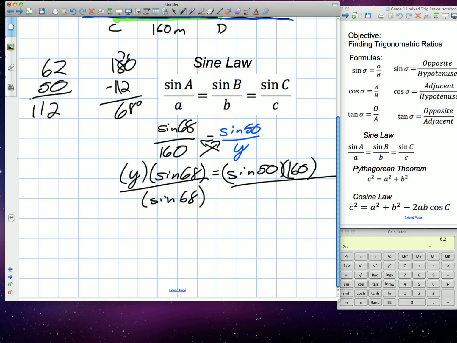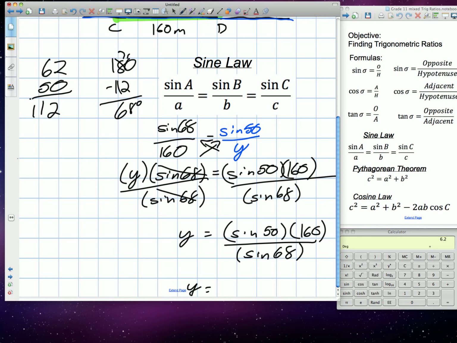We end up with Y is equal to, these two cancel out, sine 50 times 160 divided by sine 68. Now, many of you guys may be able to put this in the calculator in one shot. Mine's a bit tricky. Does anyone know what this equals? 132? Altogether, it should be 132 meters.